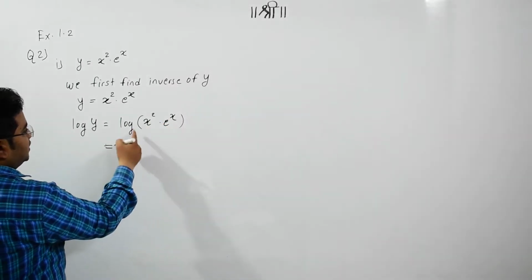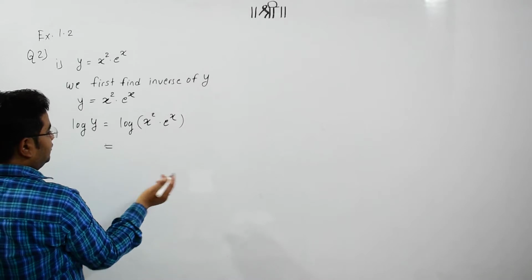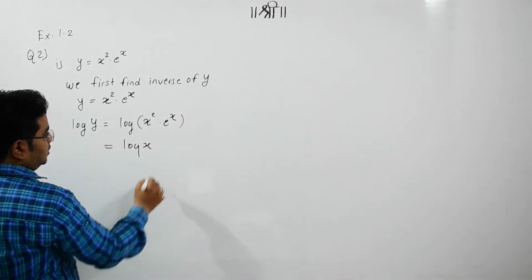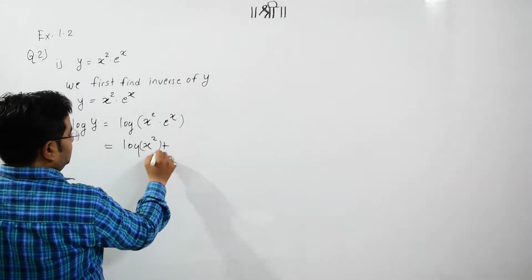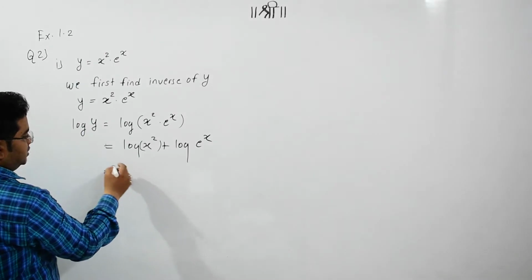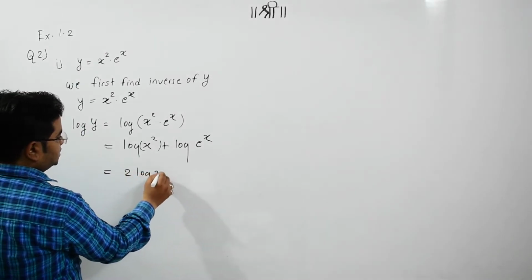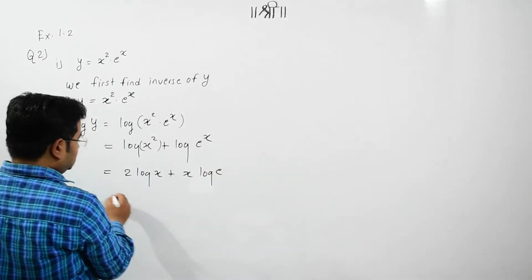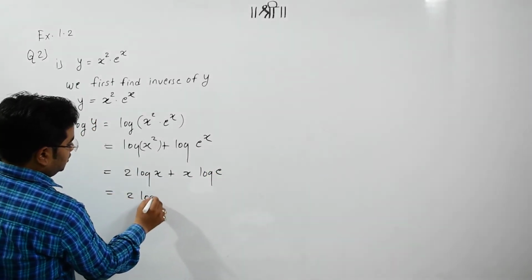Now the next step: this is applicable for the product rule. So log of x square plus log of e raised to x, which is nothing but 2 log of x plus x log of e, which is 2 log of x plus x.